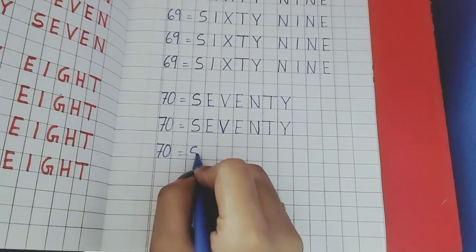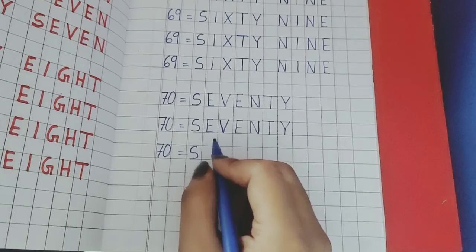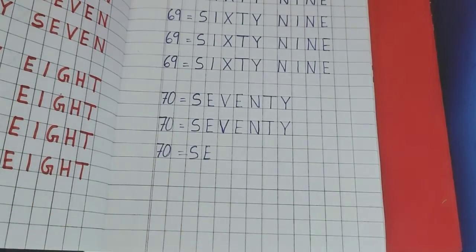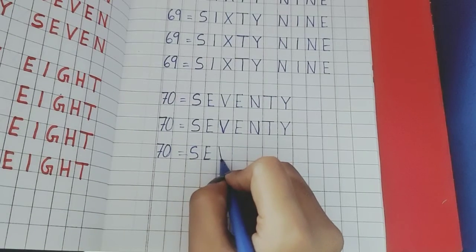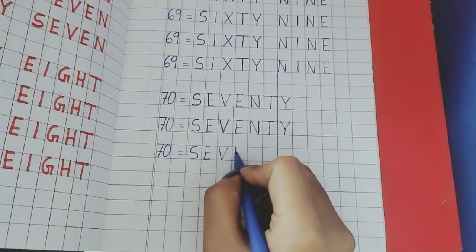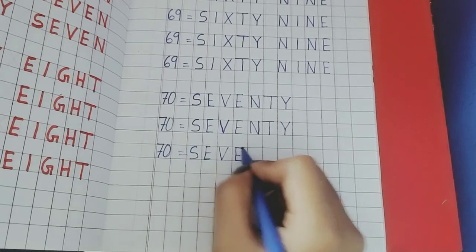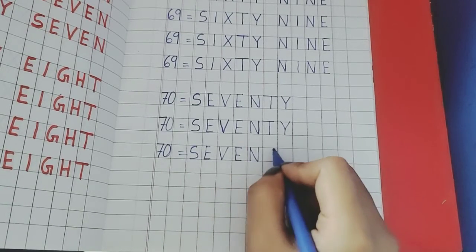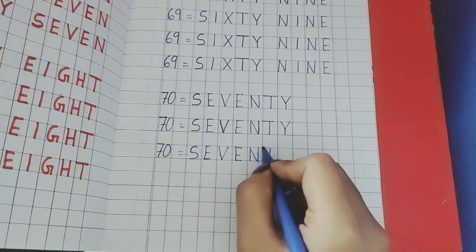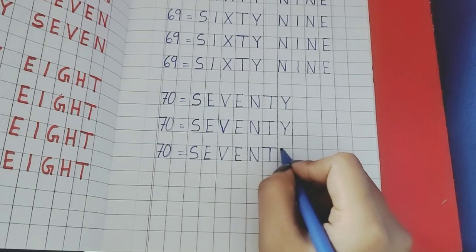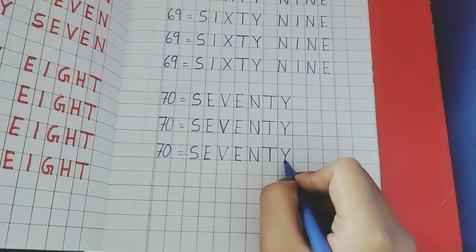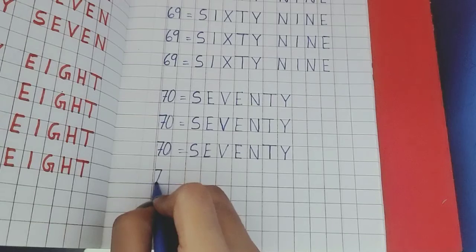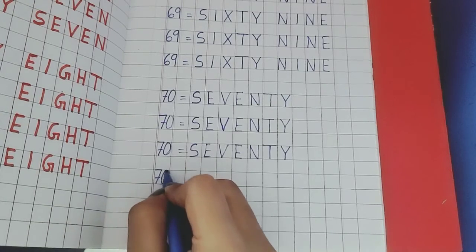S E V E N T Y, 70. Okay, again repeat. 70.